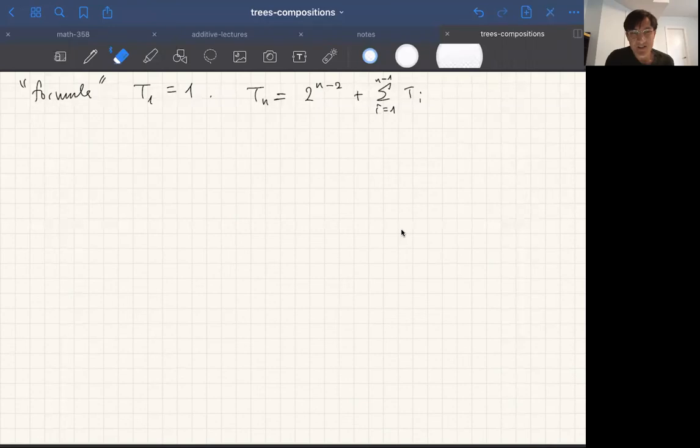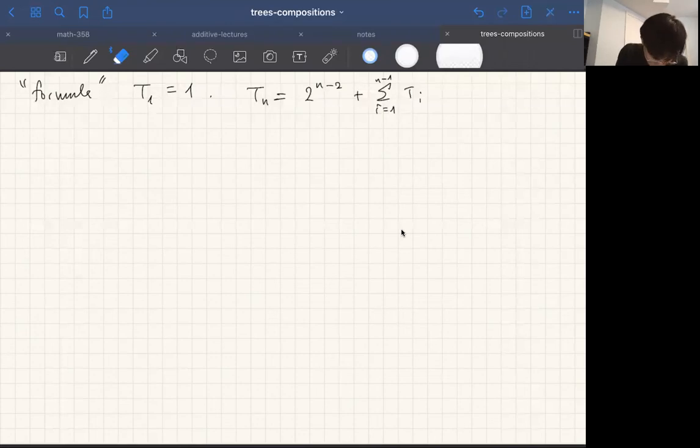We want to find... is it substitution? We substitute into T of 2 to the n minus 2 plus... yeah, this is no good.